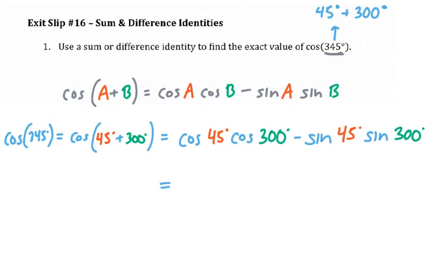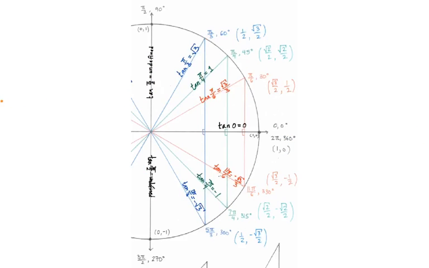Let's talk about that 45 degree angle for a moment. So at 45 degrees, we can see that the cosine value is going to be square root 2 over 2, because that's the x-coordinate, and the sine value will also be square root 2 over 2, since at 45 degrees, the x and the y coordinates are the same.